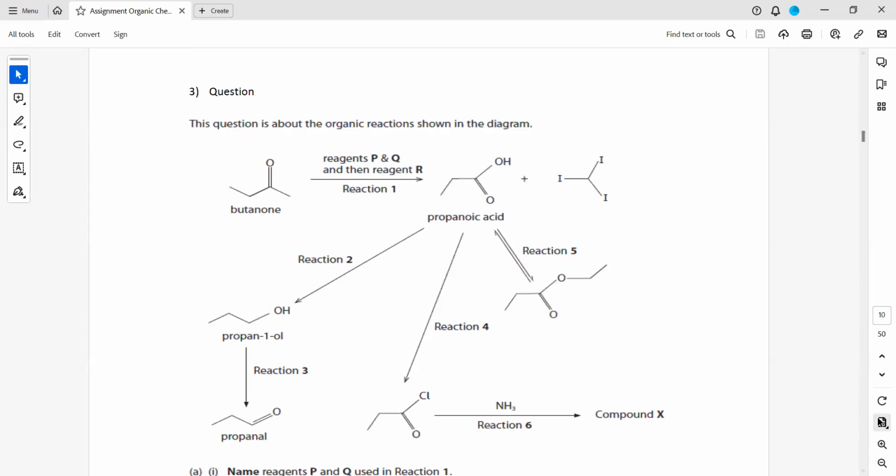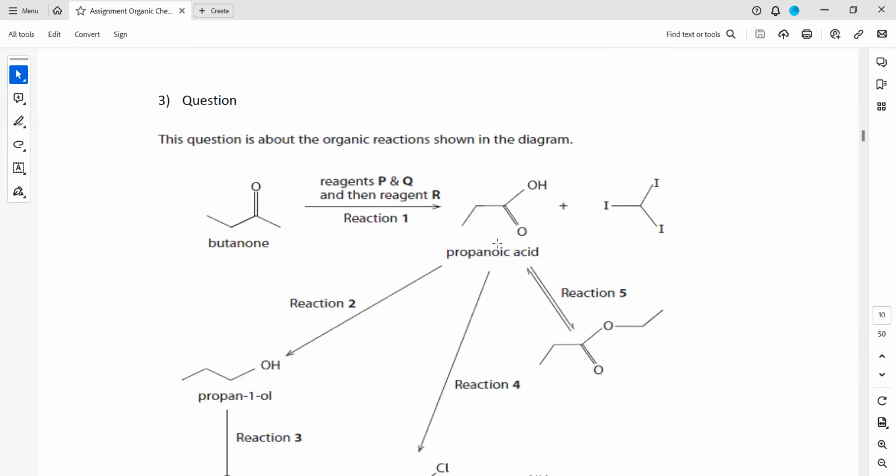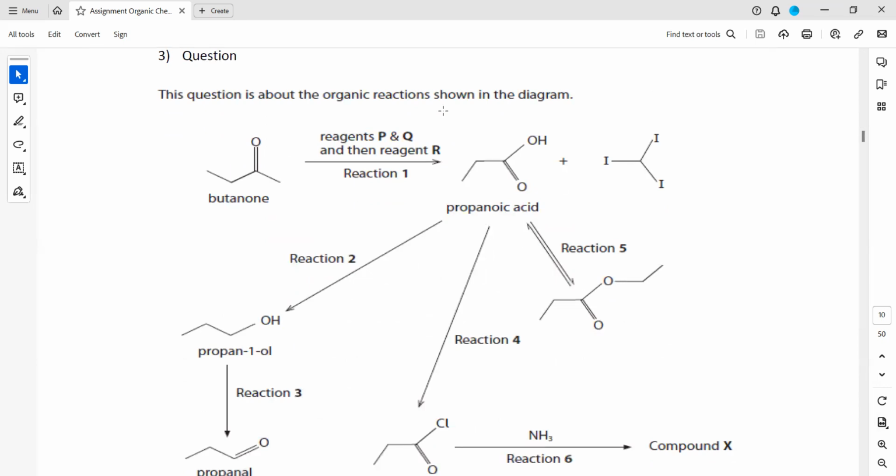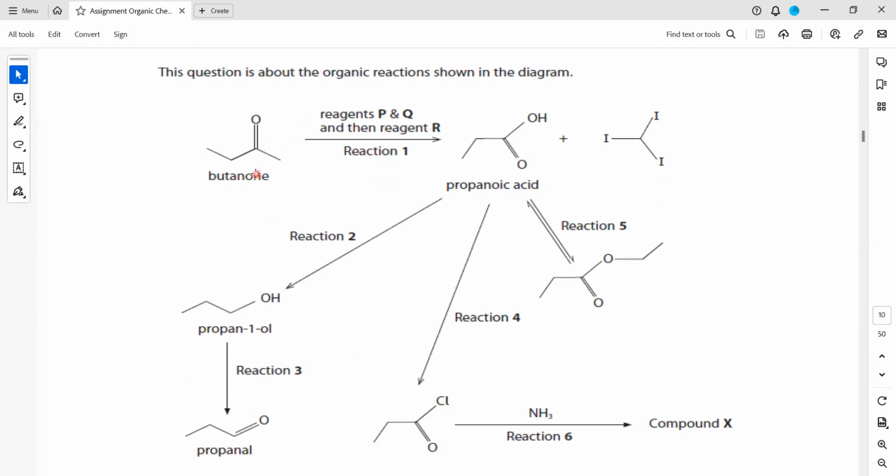Moving on to question 3. This question is about the organic reactions shown in the diagram. So first we have butanone. We have a ketone. A ketone is converted into carboxylic acid, with reagents P and Q and then reagent R, and it turned into propanoic acid.